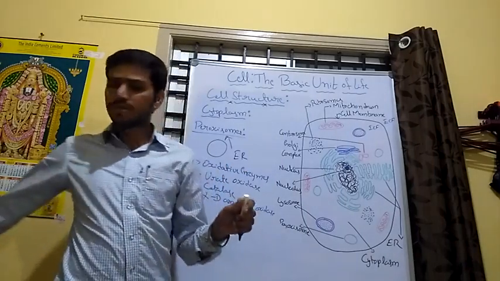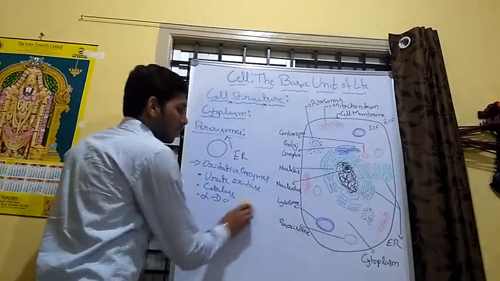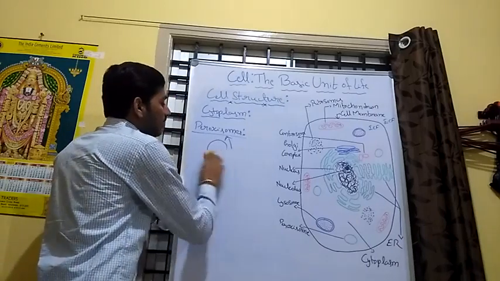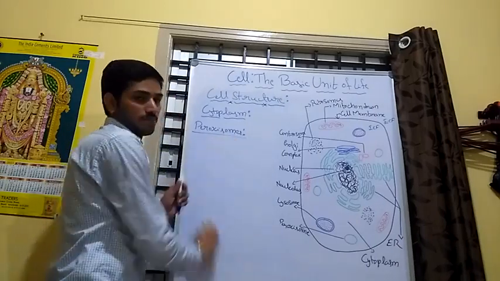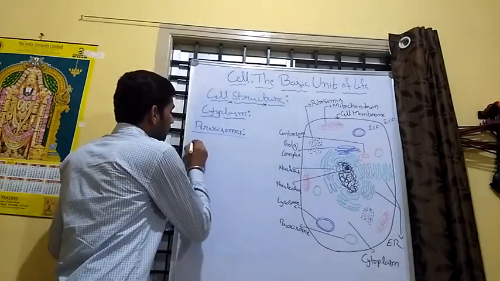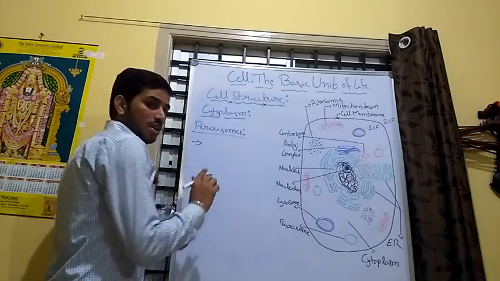And the functions of the peroxisomes. Peroxisome is a microbody, a small structure, and it is produced from the endoplasmic reticulum. What are the functions of the peroxisomes?